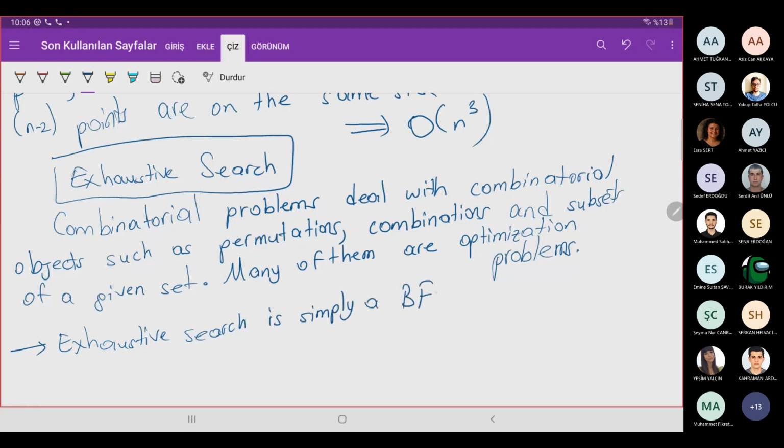Exhaustive search is simply a brute force approach. I will abbreviate it as ES to combinatorial problems.